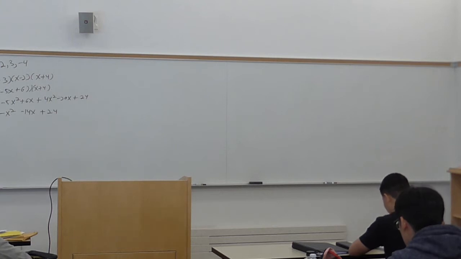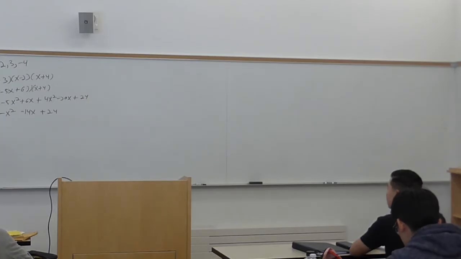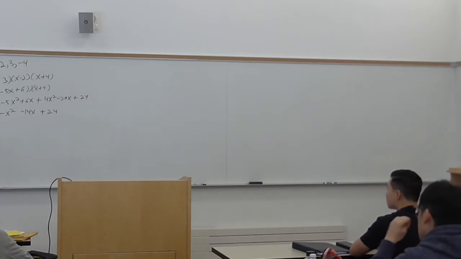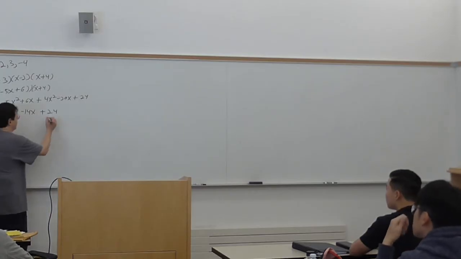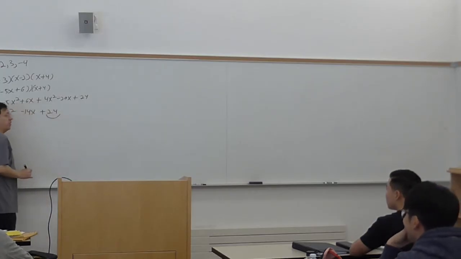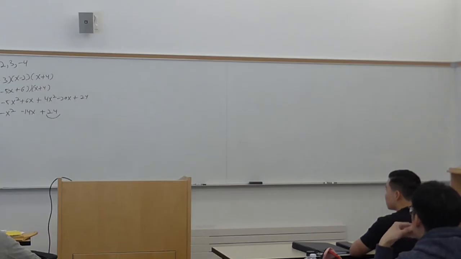I want you all to observe something important about this polynomial with respect to these roots. The first part might be a little obvious. The constant term 24 just happens to be, ignoring the sign, the product of 2, 3, and 4. 2 times 3 is 6, times 4 is 24.